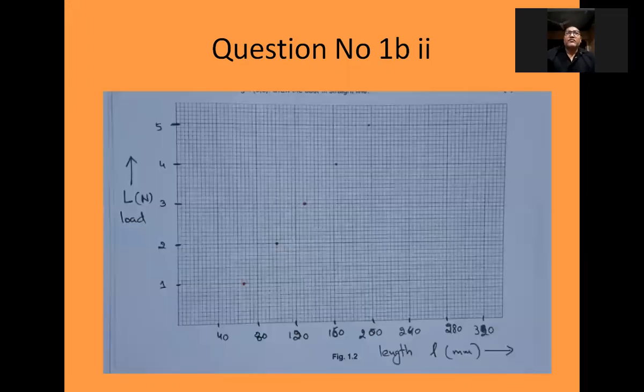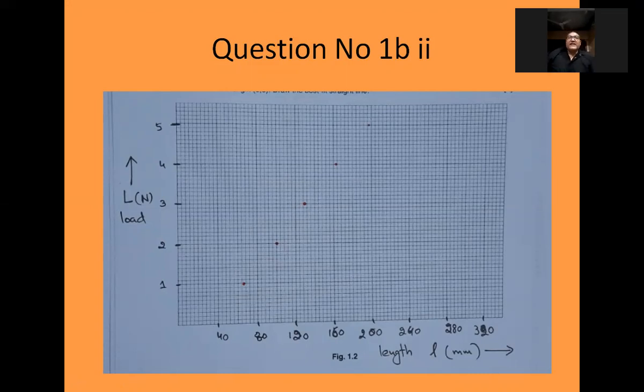Okay, now you can see that we have plotted those graphs, and I can tell you this point here is when the length is 66, the load is 1 Newton, and this point is when the length is 100, the load is 2 Newton, and this is when the length is 130.